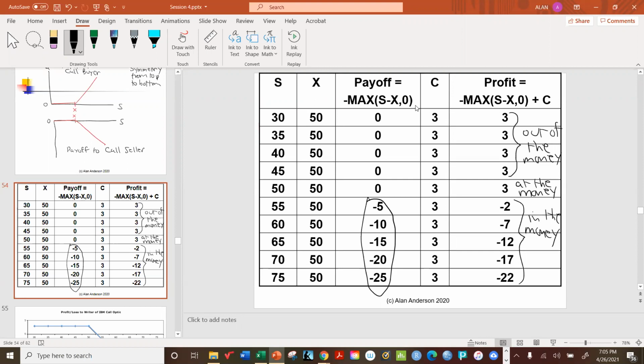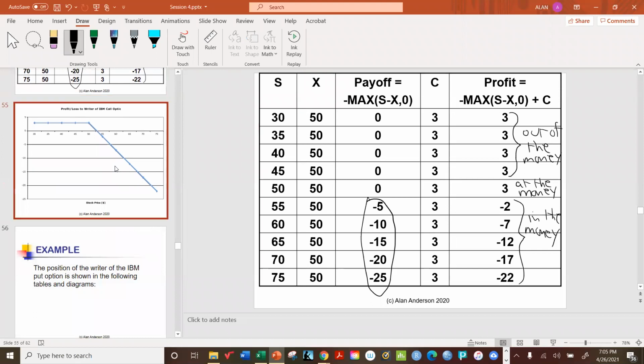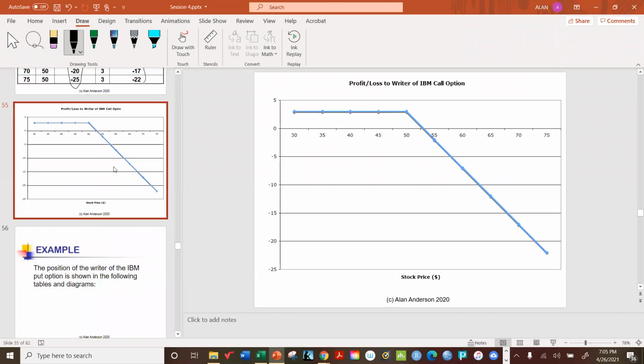So let's visualize what that graph will look like. We're shifting it up this time by the full $3. And so this is what we end up with. Okay. So break even is the same as it was before. X plus C. And then from this point on, it's all losses.